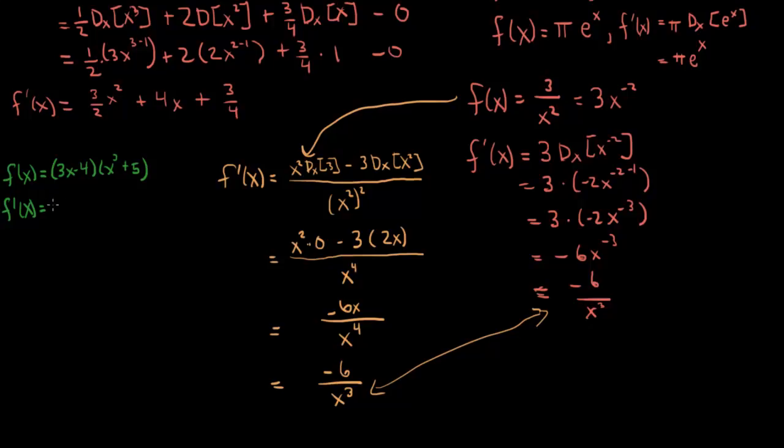So here I'm going to say x cubed plus 5 times the derivative of the first, which is 3x minus 4, plus, let's see, the first function, which is 3x minus 4, times the derivative of the second function, which is x cubed plus 5.